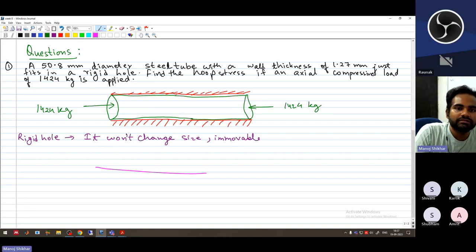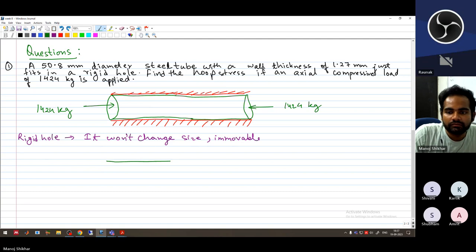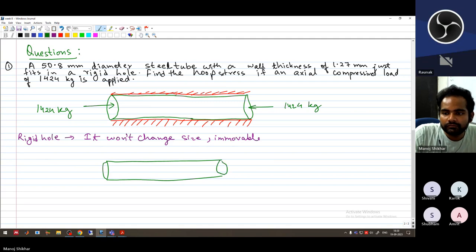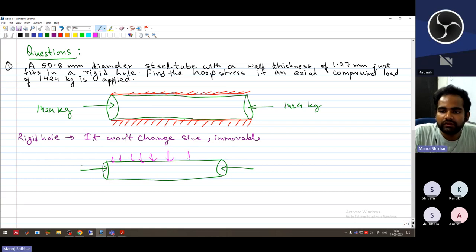Let me draw it. The actual problem is that it is getting compressed axially, and in the lateral direction it will have some pressure or traction, whatever you call it.